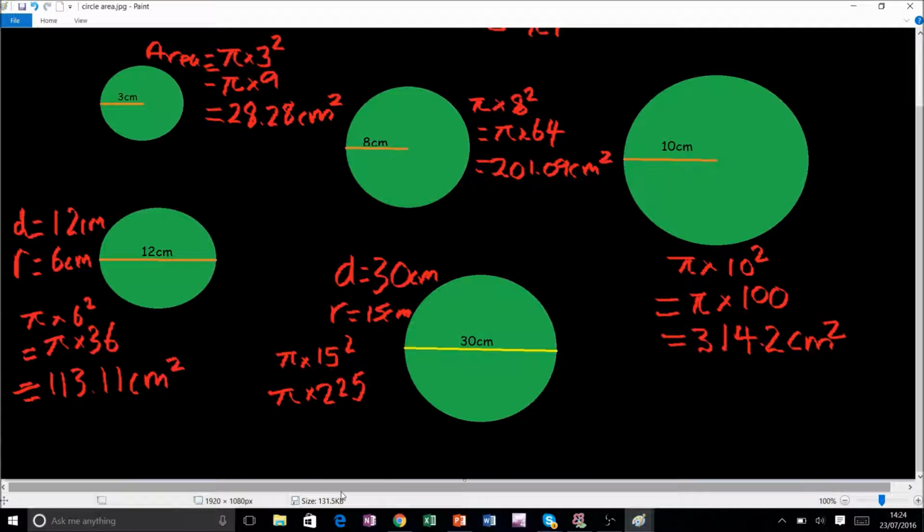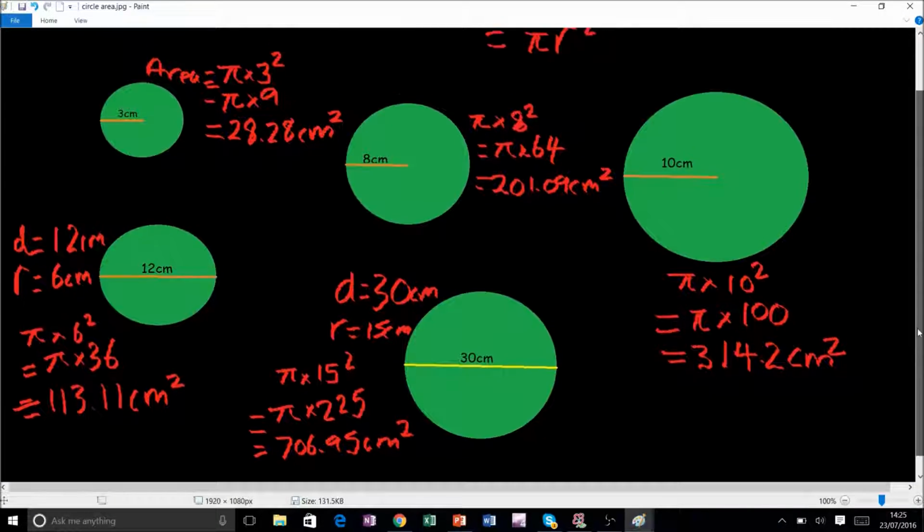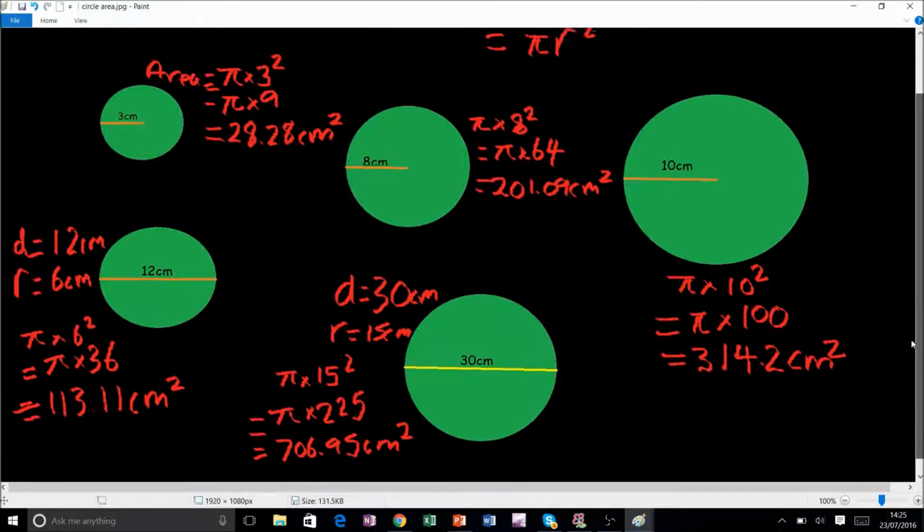Now 225 times 3.142 is 706.95 centimeter squared.